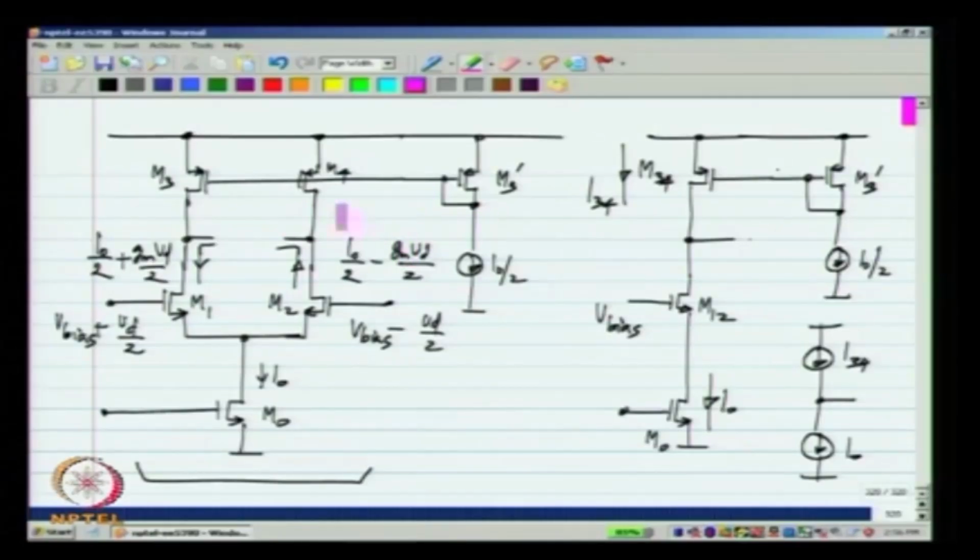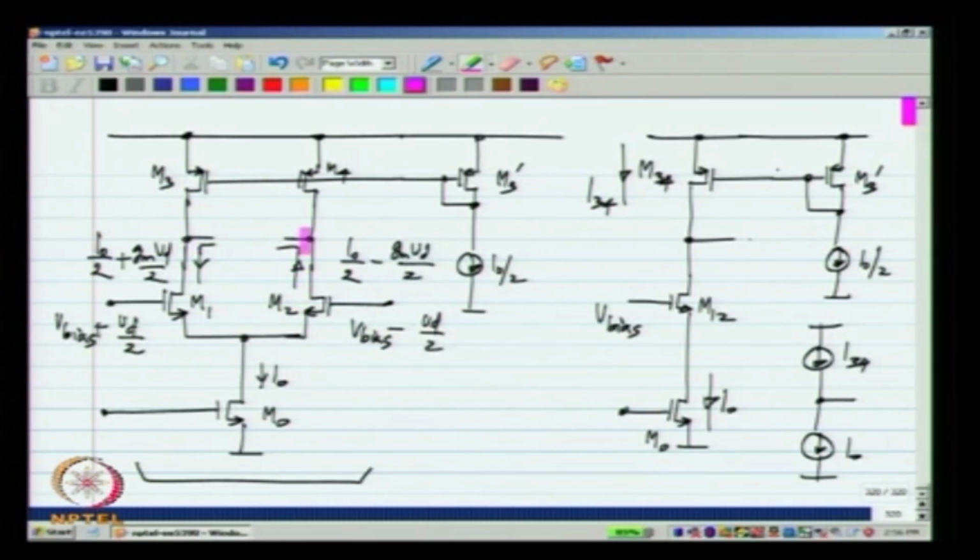So, like I said, what happens is, if the total current in M3 and M4 is larger than the current from M0, these voltages will keep on rising. Now, if the total current is smaller, these voltages will keep on falling.